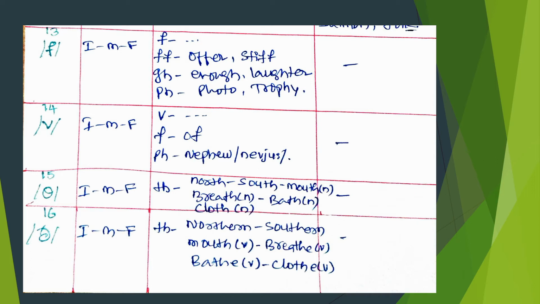For example, offer, half, and it is also represented by GH. Generally, GH is silent, but sometimes it is also f, for example, enough. And this f is also represented by the letters PH, for example, photo and trophy.